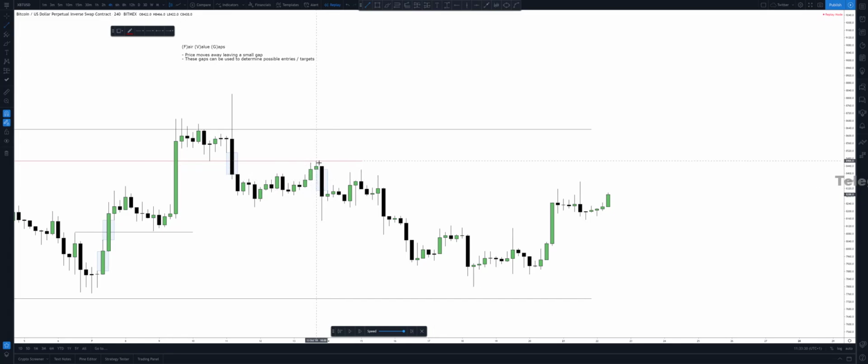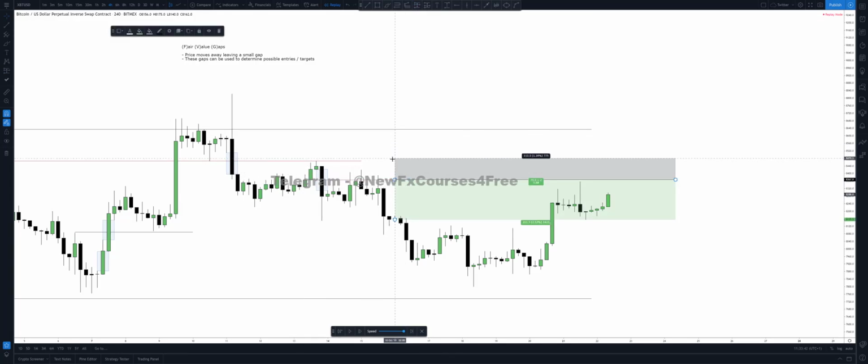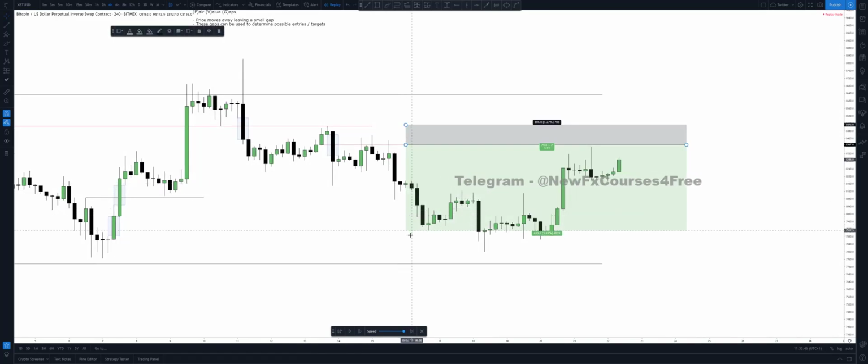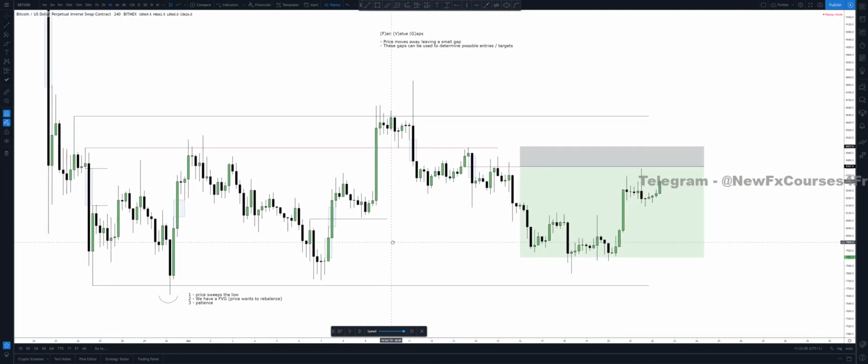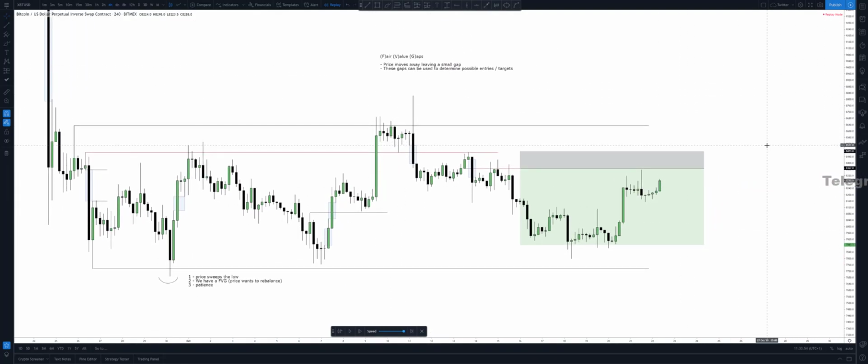So whenever I see candles like this, I prefer to enter on this candle because it has a bigger body. And then my stop goes above this high right here. Target remains the same, the lower end of the fair value gap right here. And this is how I use fair value gaps in combination with breakers and order blocks, right?